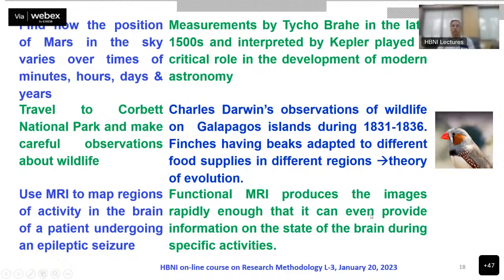Magnetic resonance imaging has now given us a tool to probe brain activity, and people are studying what happens in your mind when you dream in sleep. So by MRI, people are studying the dreaming process also.